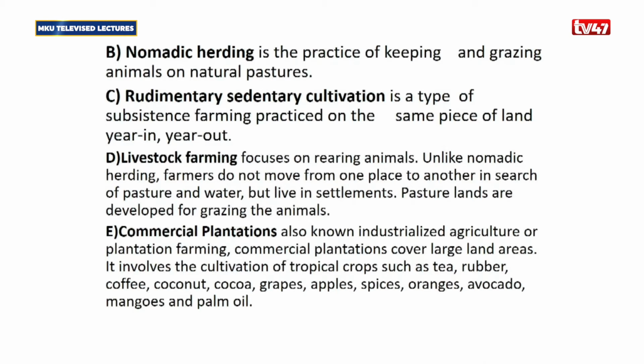Then there are commercial plantations, which are known as industrialized agriculture or plantation farming, which cover large tracts of land, and it involves the cultivation of tropical crops such as tea, rubber, coffee, coconut, cocoa, grapes, apples, spice, oranges, avocado, mangoes, and palm oil.